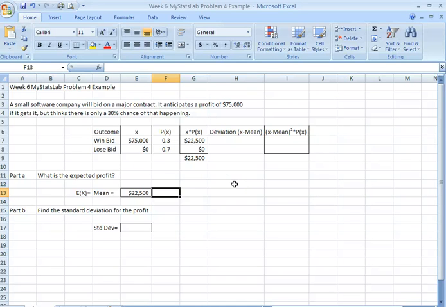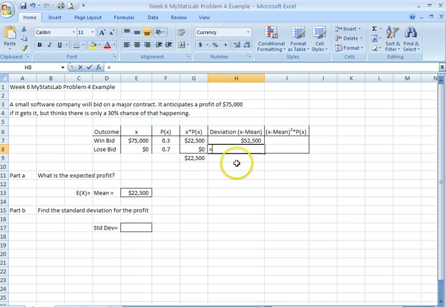So in order to find the variance, the first thing we need to do is find the deviation of these from the mean, which is x minus the mean. X being here, our mean being here. So there again, we can use our formula equals x minus the mean. Enter.